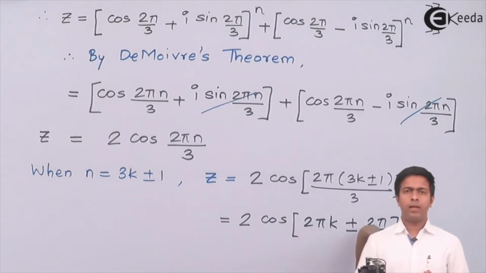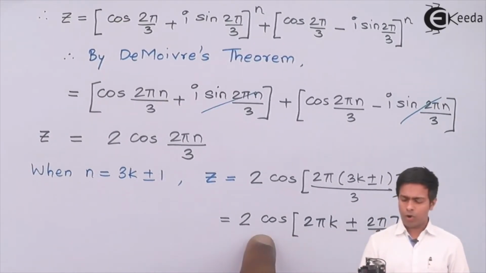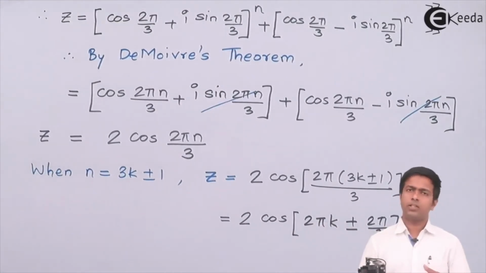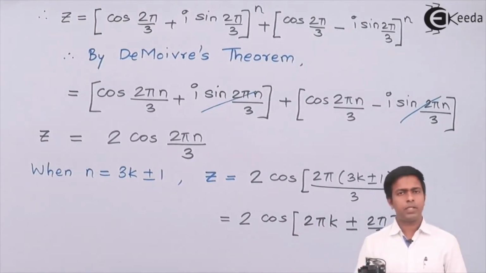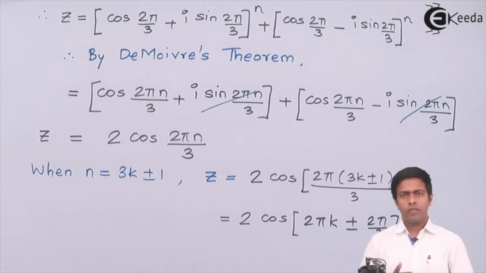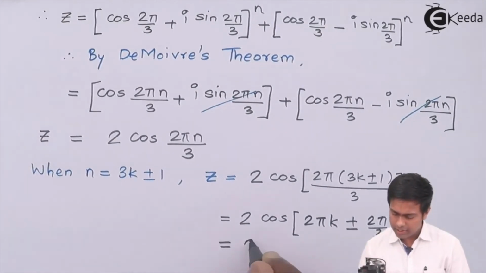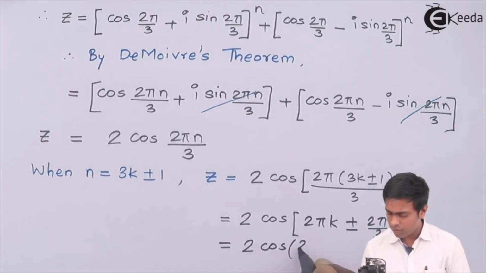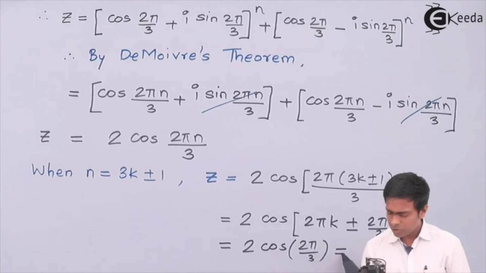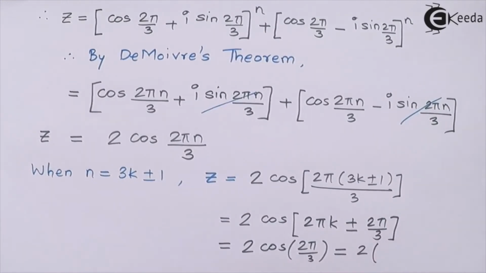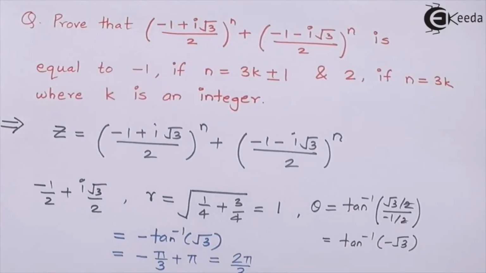So cos of 4 pi plus theta is also cos theta, cos of 6 pi plus theta is also cos theta. So we get cos theta every time. Therefore here it is 2 times cos of 2 pi by 3, that is cos of 120 degrees, which is minus half, and if we cancel it we will get negative 1. So guys, can you see that I proved the first result, that is minus 1.